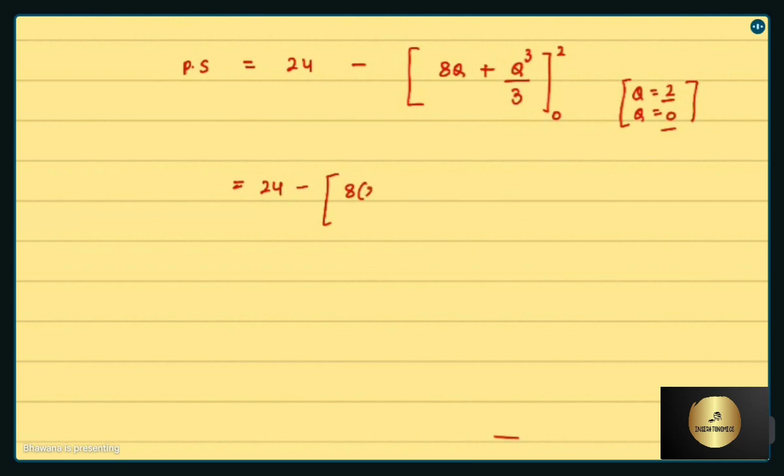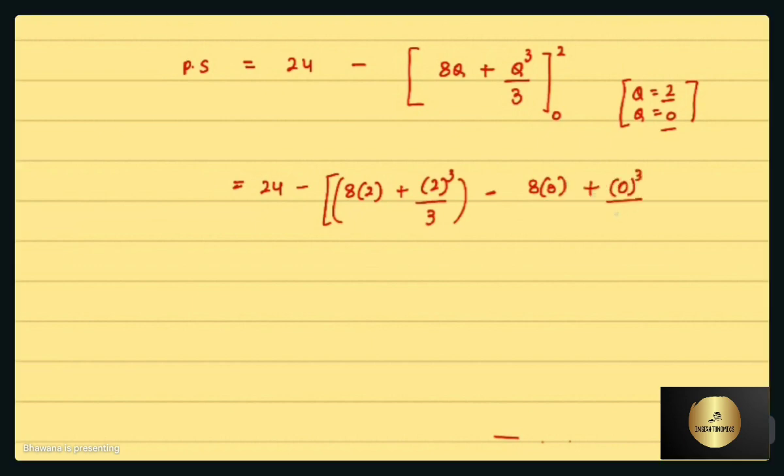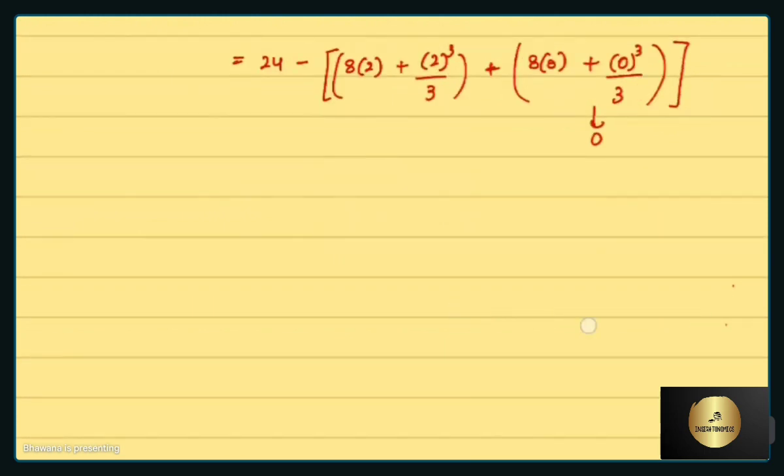So 8 times 2 plus 2 cubed by 3, and when we put Q equals 0, ये whole term 0 ही हो जाएगा, but still we will put it. So this whole term becomes 0, so we will not bother about it.